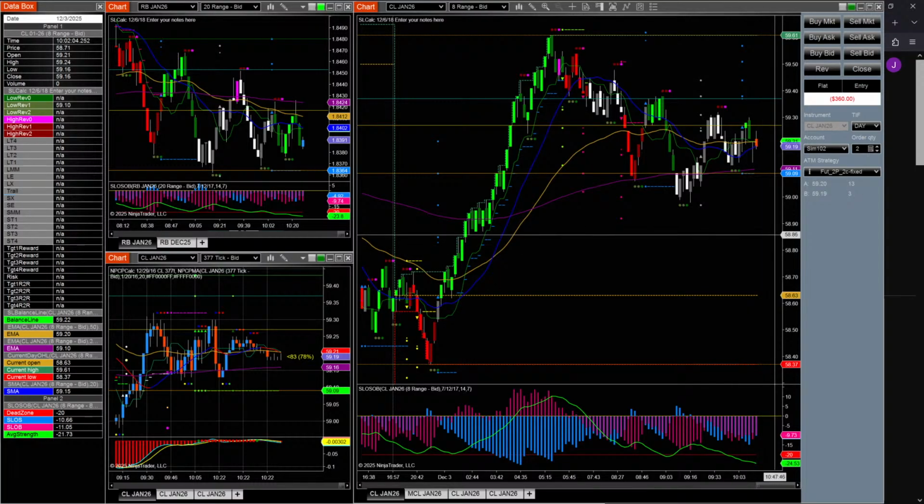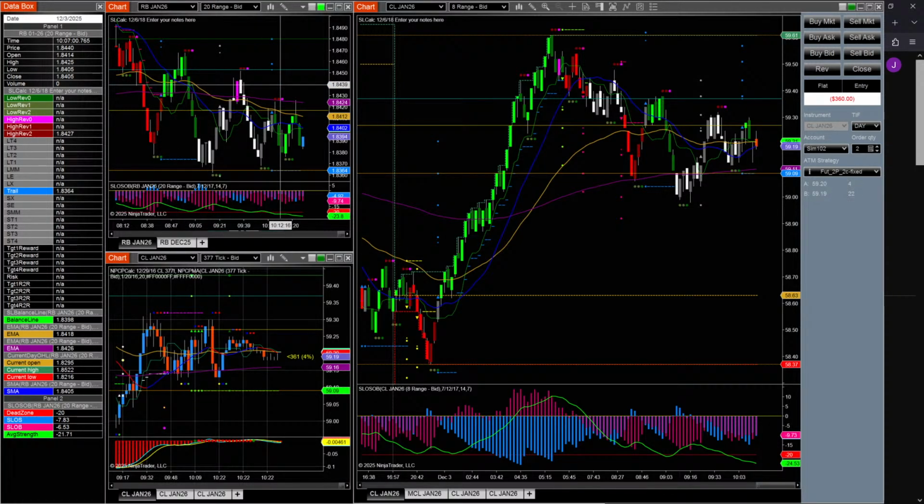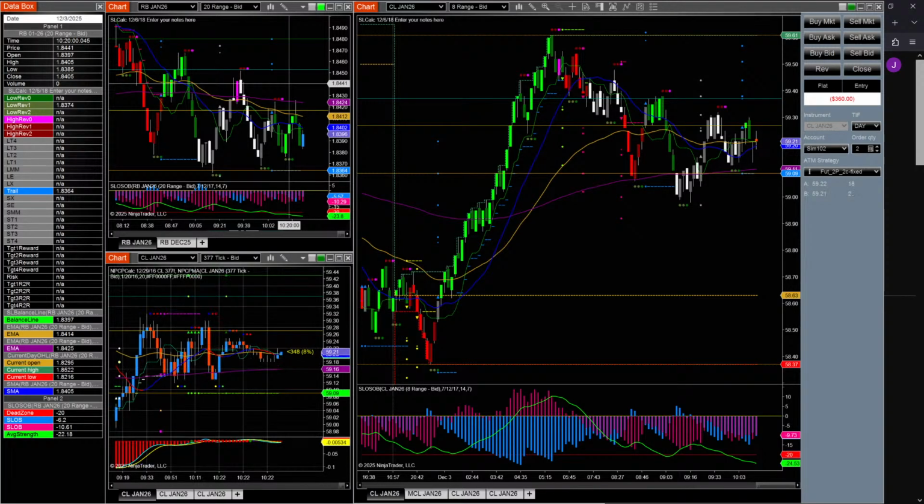Here we are, Spotlight Crude, full crude contract on the right, unleaded, Spotlight. On the upper left, that is a 20 tick range bar, 0.002 point momentum bar for TradeStation users.